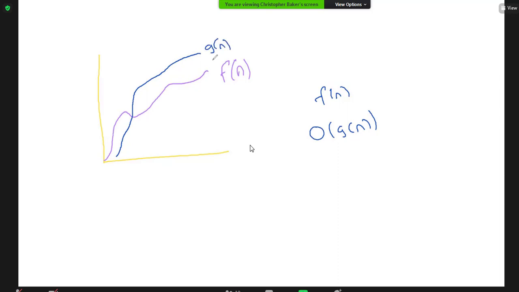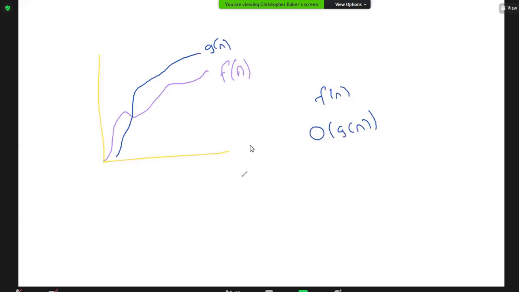Maybe not to begin with, but over a length of time, because you look at asymptotic behavior, so you're looking at things as they progress forward, and you get that sort of behavior.